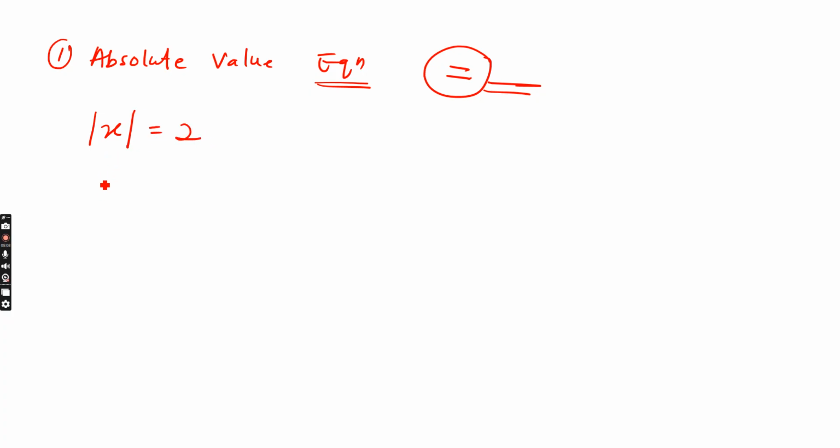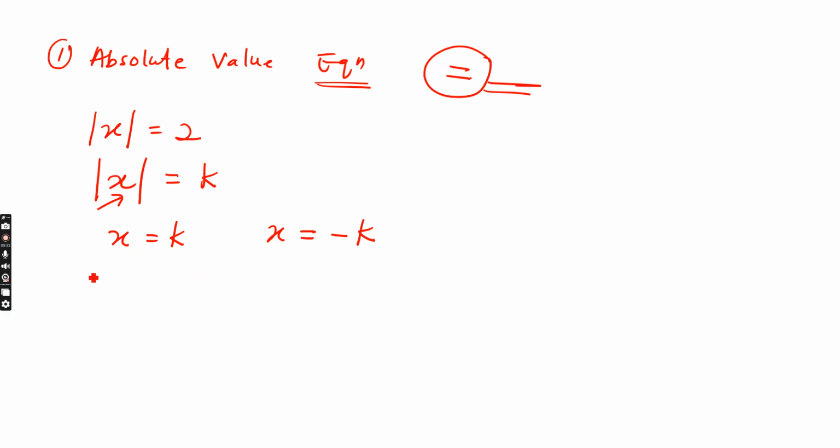So let's say modulus x is equal to k. Basically you can separate this into x is equal to k, and another one, x is equal to negative k. So if you want to find the value of x here, it can be k or negative k.